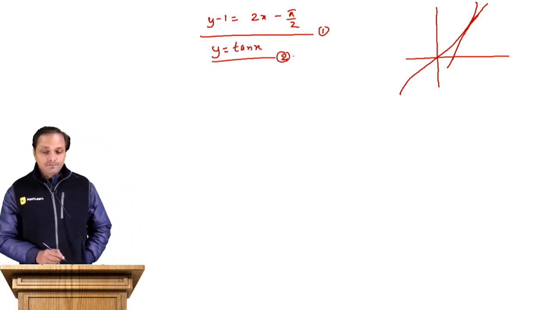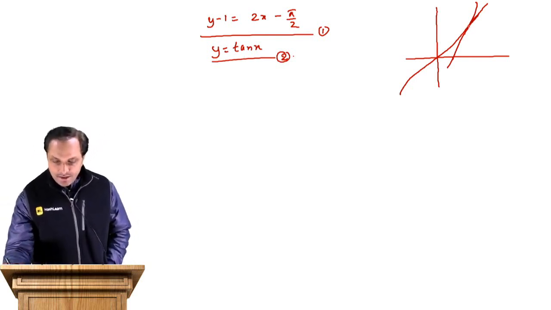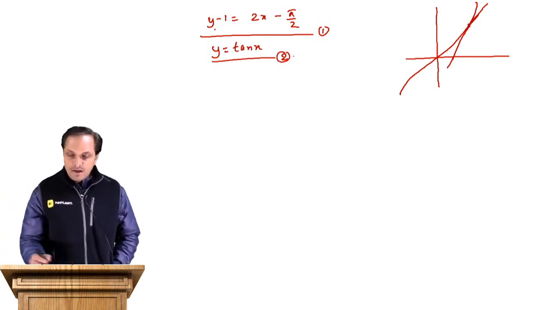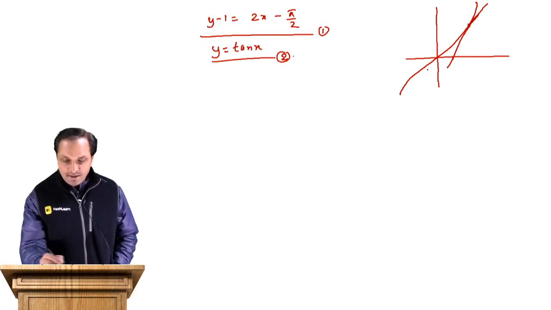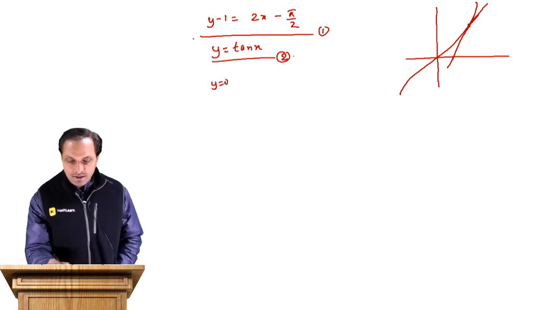So y is equal to tan x is another curve, and when you intersect this curve with this line, when you put y is equal to 0, what happens? Minus 1 is equal to 2x minus pi by 2.